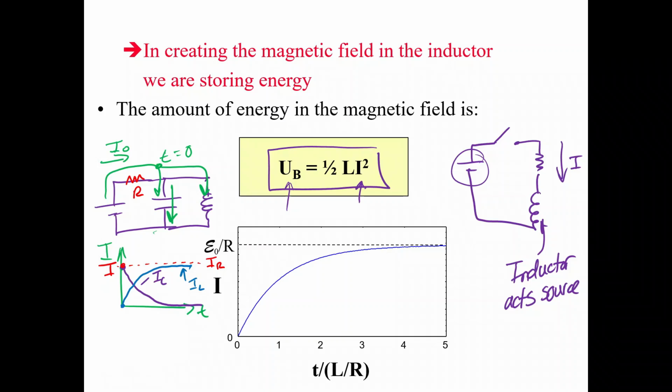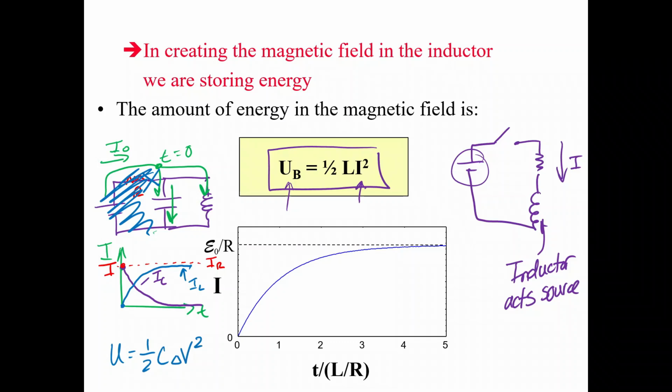Well, what happens if you open a switch and you remove the power supply from that circuit? Well, what happens is our capacitors store energy. Our capacitors are 1/2 C times delta V squared for their potential energy.